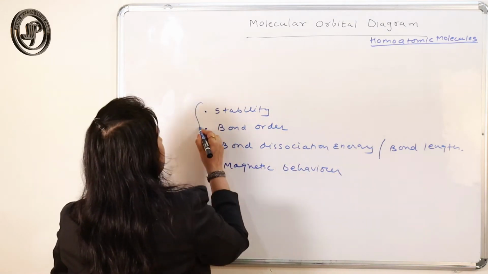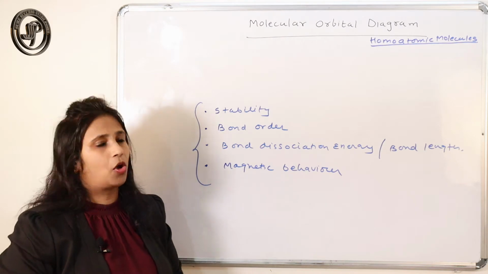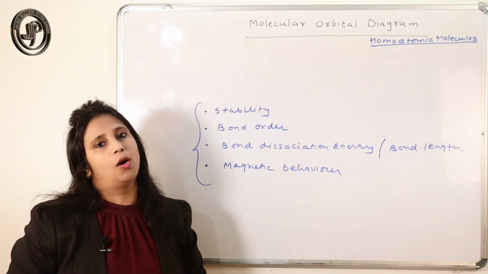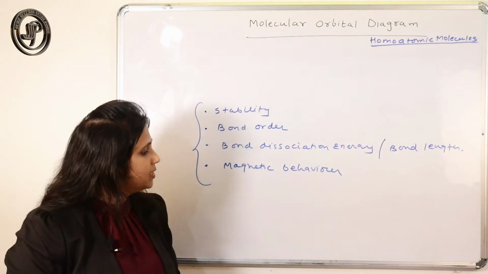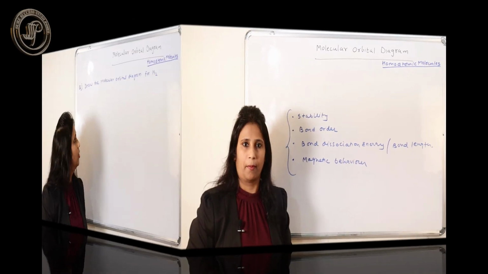Because of these things, we draw the molecular orbital diagram in order to predict these things for a molecule. So let's calculate these things through a question.